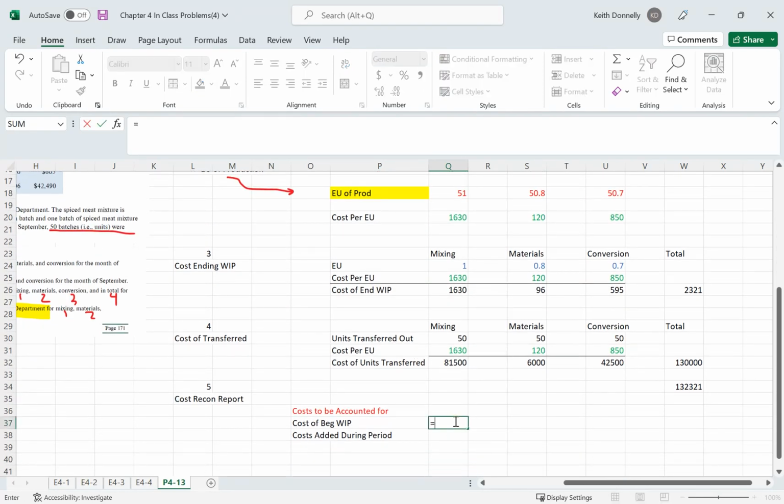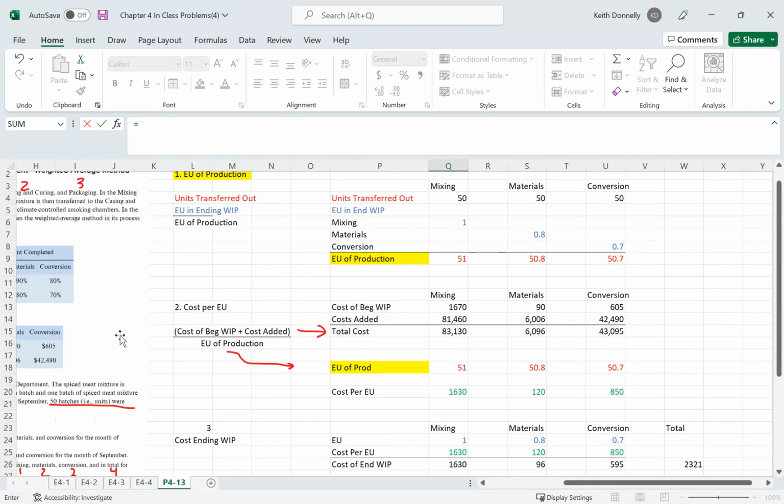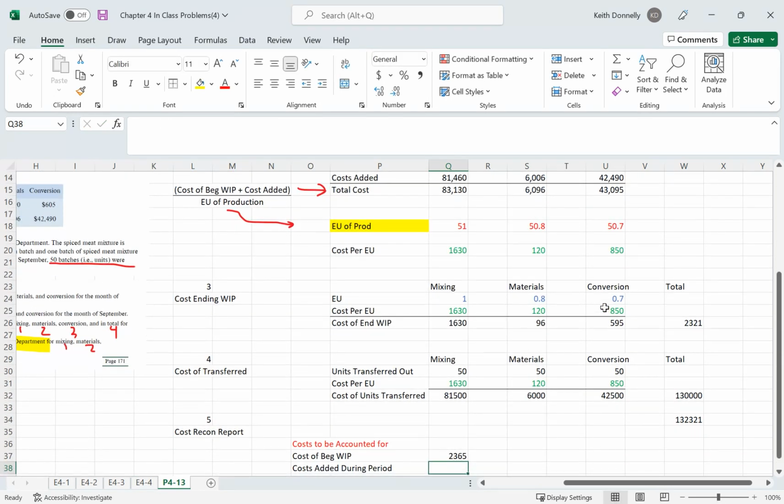You could snag it from over there, but what we did here is for mixing 670, for materials 90, for conversion cost 605.